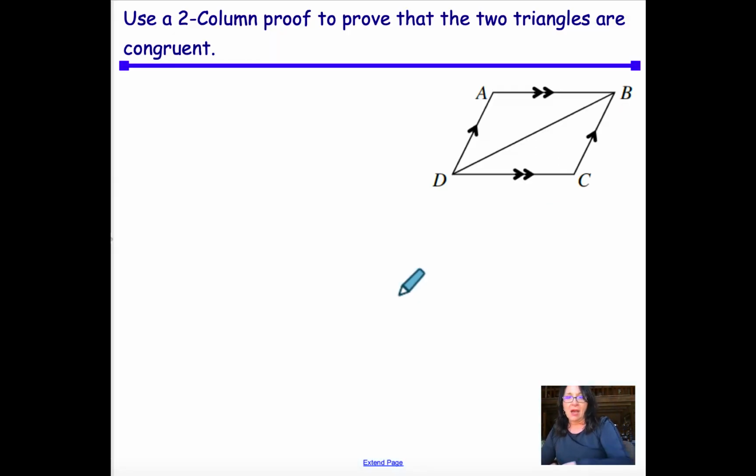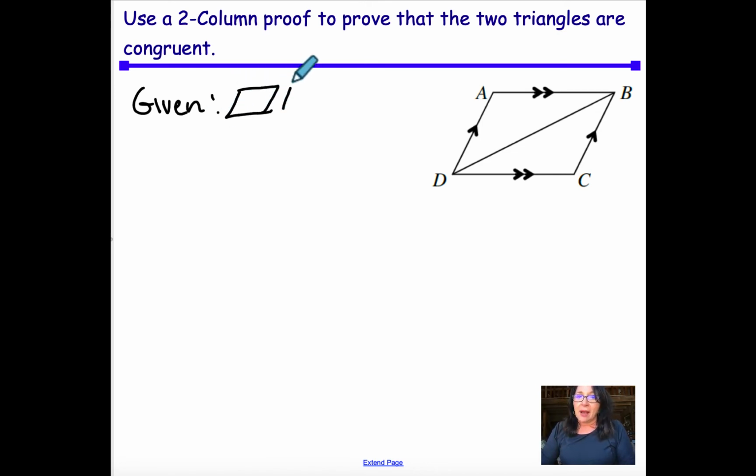Okay. So one of the things that we're going to do is to try to make a 2-column proof to prove that the 2 triangles are congruent. Because both pairs of opposite sides are parallel, it looks like we are given that this 4-sided shape, quadrilateral ABCD, is a parallelogram.